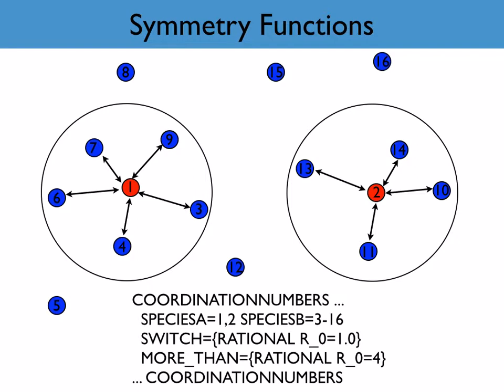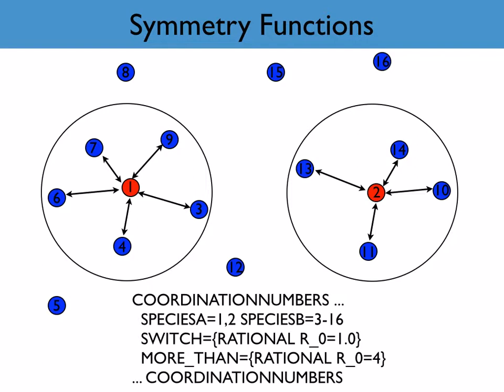In this first calculation, we are calculating the coordination numbers of the two red atoms. We are then using Plumed's multi-Colvar functionality to calculate the number of coordination numbers that are more than 4. This is the case for both the red atom labelled number 1 and the red atom labelled number 2. For both these atoms, the coordination number is 4 or greater.